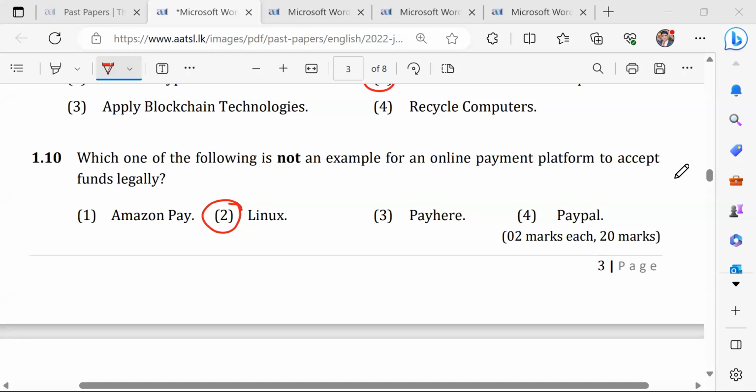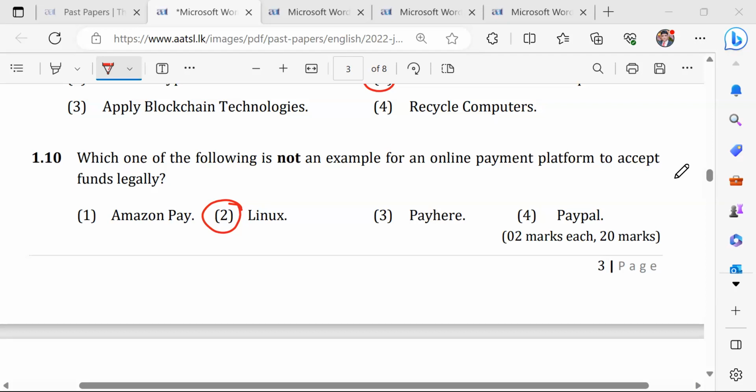Now PayPal. We can collect money. We can spend money. PayPal. We can collect money in PayPal, right? That is what we know as a cash wallet. Payhere is also a cash wallet, right? This is also a cash wallet. We can collect money, and Linux is just an operating system.